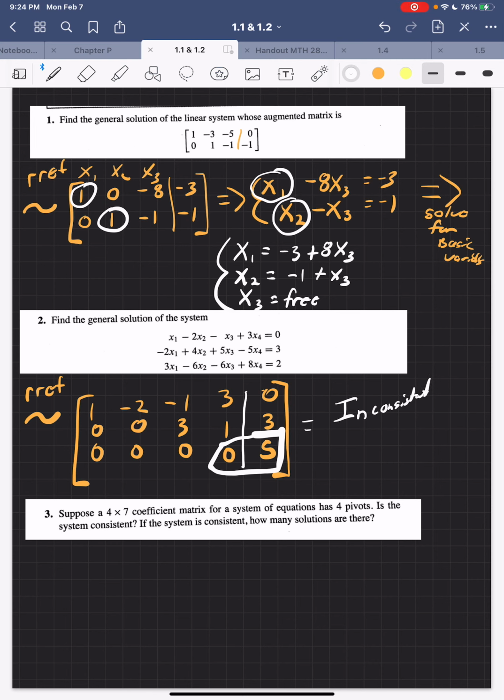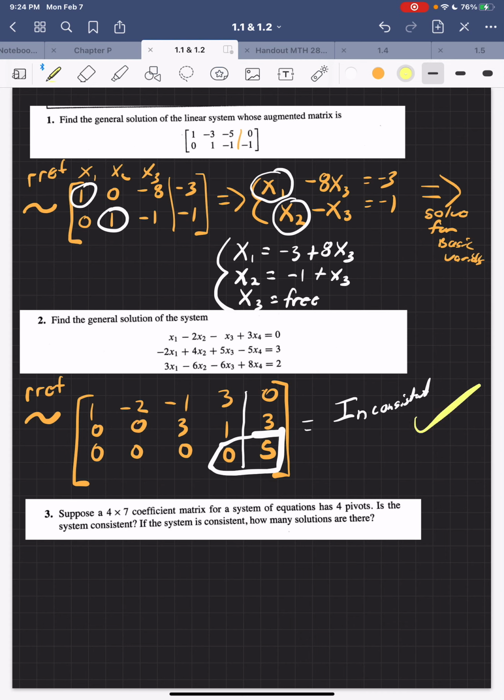Consistent would mean there's at least one solution. In a scenario like this, there's an infinite amount of solutions. How do I explain this to you? Here's one, if you don't mind. I think this would make sense.